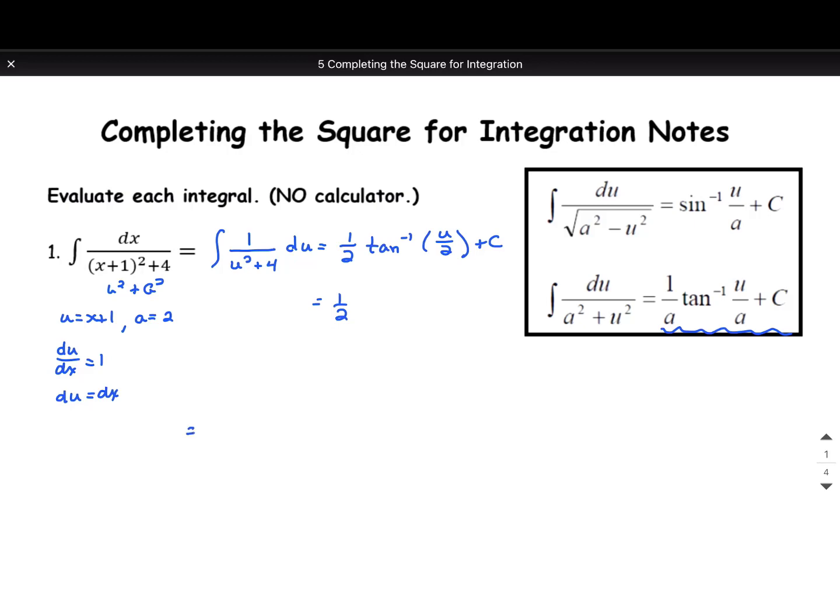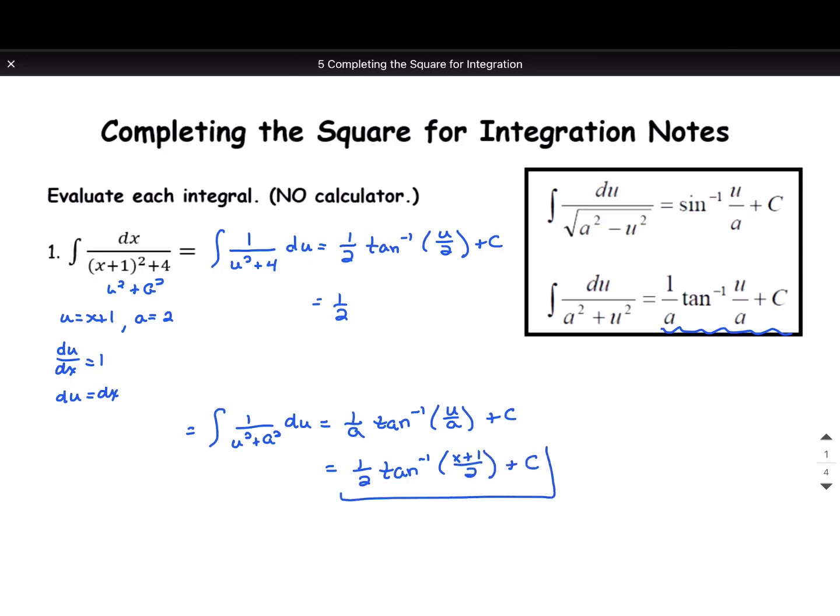So in other words, you could have done 1 over u squared plus a squared du gives you 1 over a tan inverse of u over a plus c, and then you would substitute in the 2 and the u, which is x plus 1 over 2 plus c. And here, on the original way, we only have to substitute our u, which is x plus 1. So either method works, and whichever one you're most comfortable with, go with.